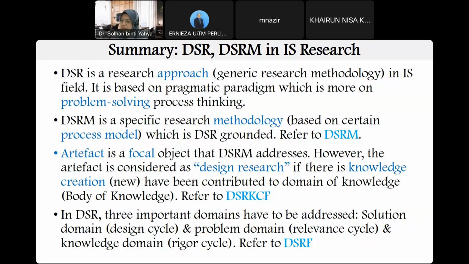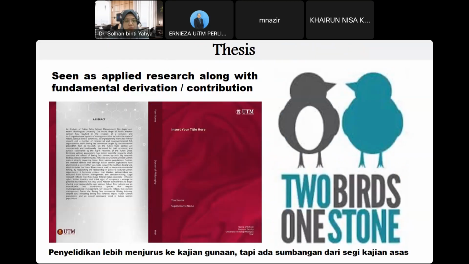The second one, you build the solution, the design cycle. And then the third one is the knowledge domain, the rigor cycle. You use the scientific method to build and evaluate the artifact. At the same time, you observe knowledge contribution, knowledge creation from these activities, and add it back to the knowledge base, I mean the literature.